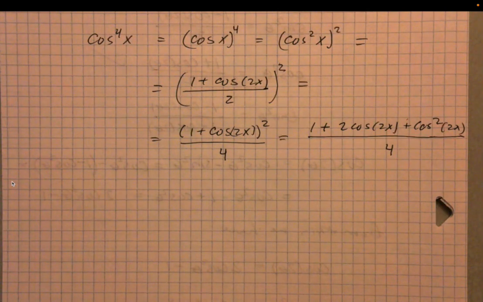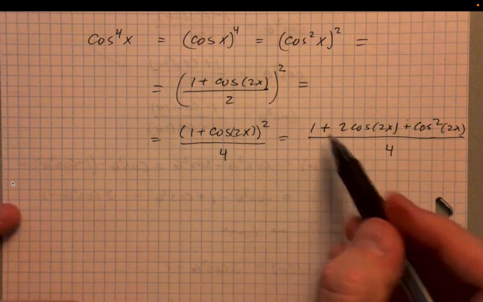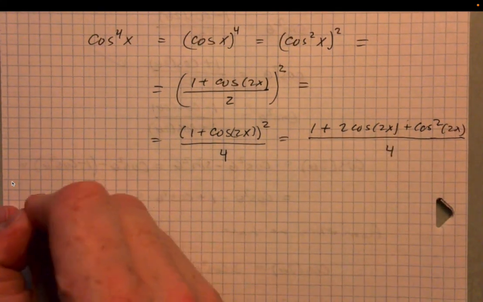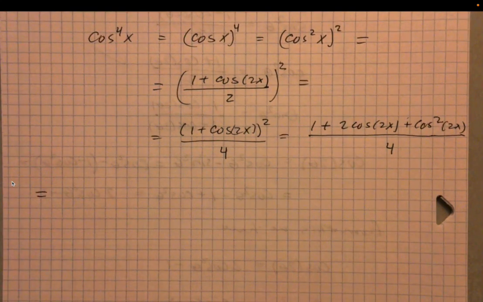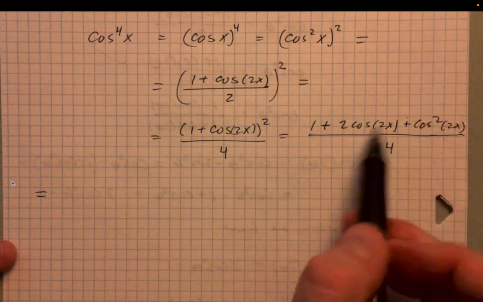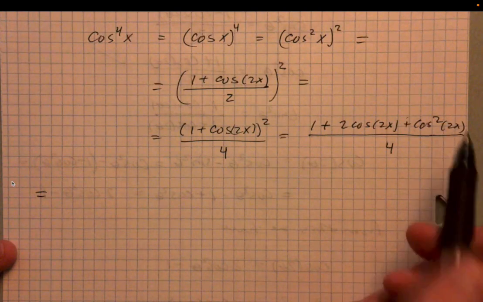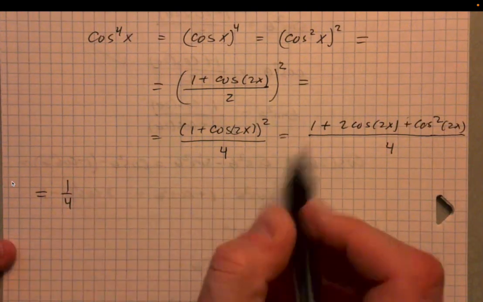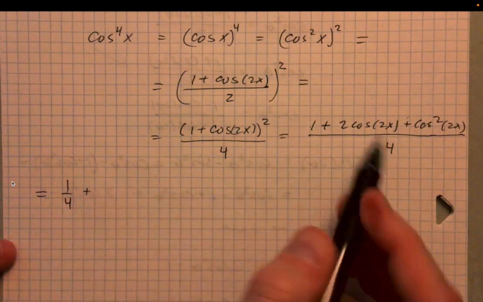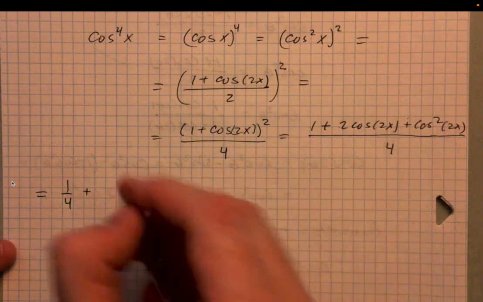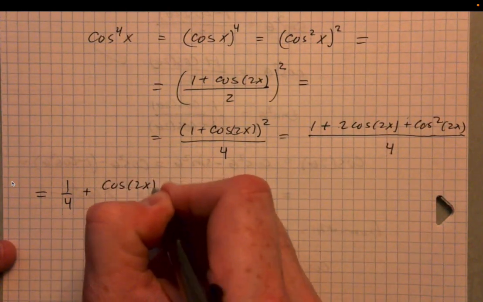We've gone from having the cosine be to the 4th power to instead being squared. But we have this other stuff up front that we have to keep track of as well. So what we want to do next is break this apart so we can isolate this piece of it. So we're going to have the 1/4, which is this and this, plus 2 over 4 is 1/2, so this will be plus cos 2x over 2.